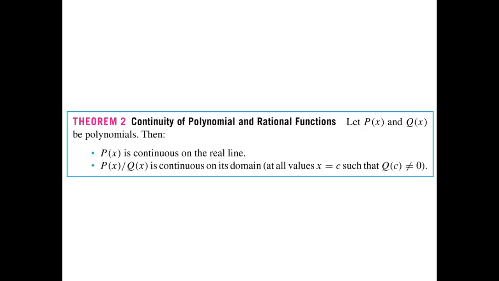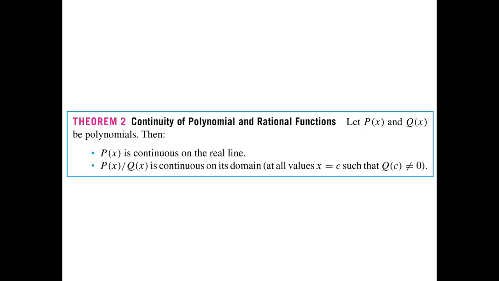Okay? Now, P of x, the saying here is any polynomial function is continuous everywhere on the real number line. Polynomial functions continuous everywhere. And not only continuous. They'll probably get to this later.